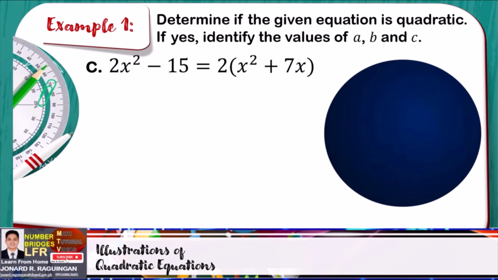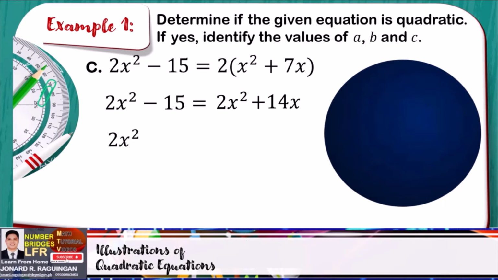To check if the equation is quadratic, simplify the right side of the equation, then combine similar terms. Copy 2x squared minus 15 is equal to 2 times x squared is 2x squared. 2 times 7x is positive 14x. Then combine similar terms.